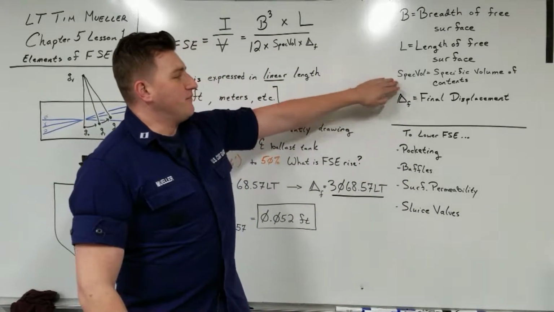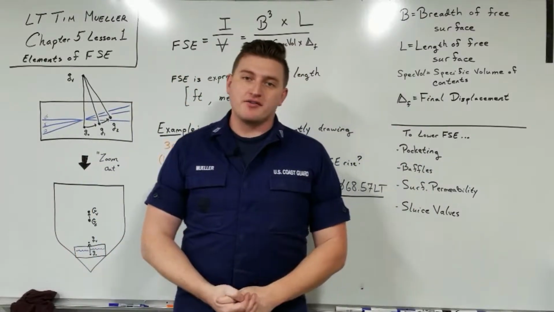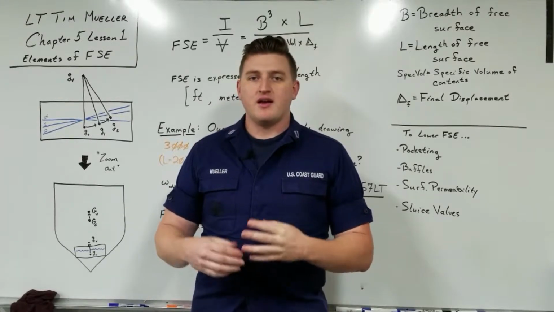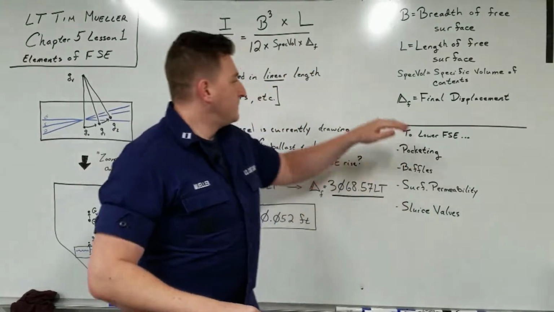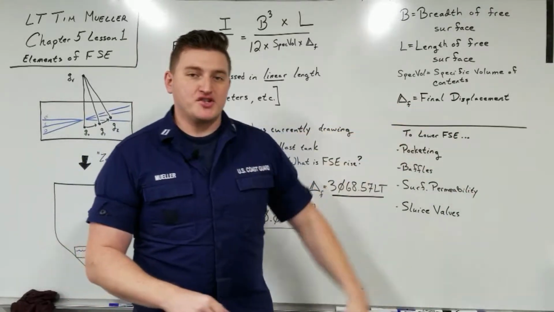Then specific volume is the specific volume of the contents of the tank. We know that seawater is 35, freshwater is 36, and diesel fuel is 43 cubic feet per long ton. And then this capital delta F is the final displacement of the ship overall.